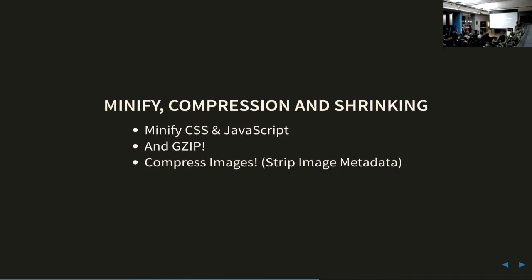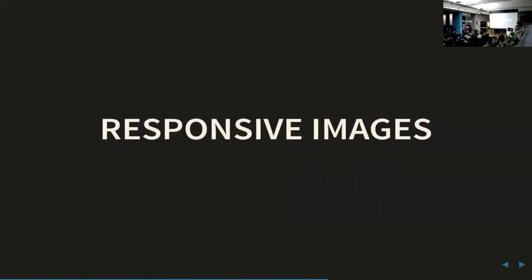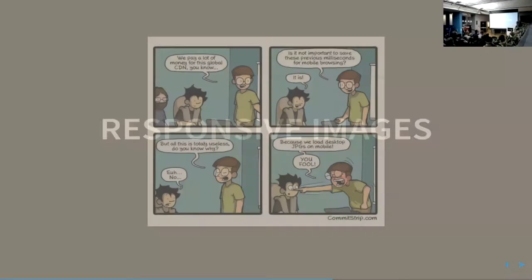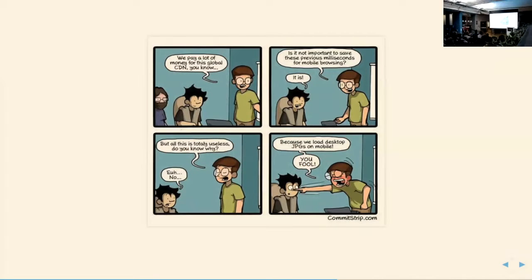This is a lot of potential tasks, and so we come to responsive images and what we can do with images. Can you read this? This is a CommitStrip, and I can read it to you.